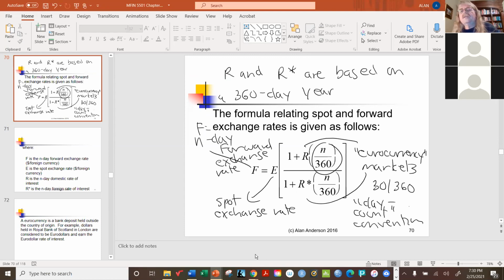Our star could be the euro sterling rate if we're looking at the dollar-pound exchange rate. Now this formula is based on discrete compounding, and it also is a no arbitrage relationship, because if it's violated, then that would lead to the opportunity to earn arbitrage profits, a very specific type of arbitrage profits. The question is how to take advantage of them.